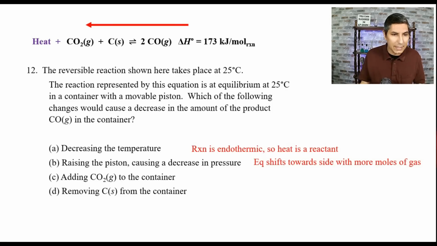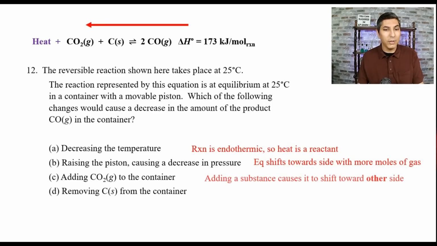Now, choice C says adding carbon dioxide gas to the container. Well, we know that anytime we add a substance to a mixture at equilibrium, it's going to cause the reaction to shift toward the other side. So in this case, when we add carbon dioxide, it's going to try to deplete that, and so it's going to cause an increase in the amount of carbon monoxide as well.